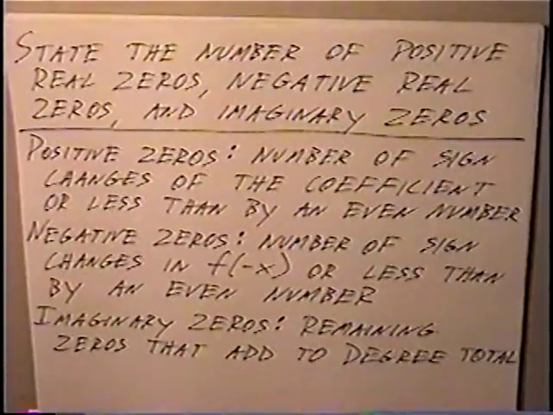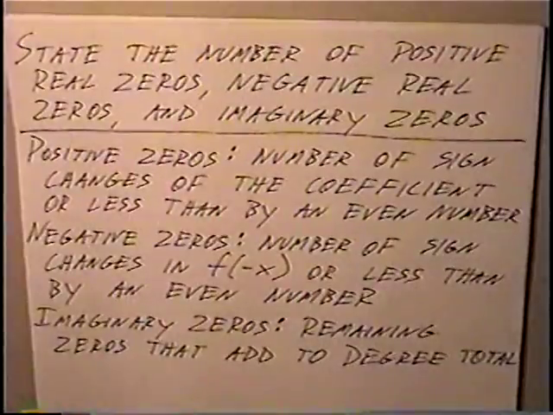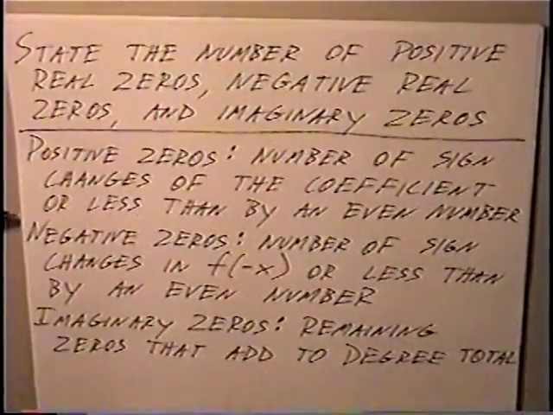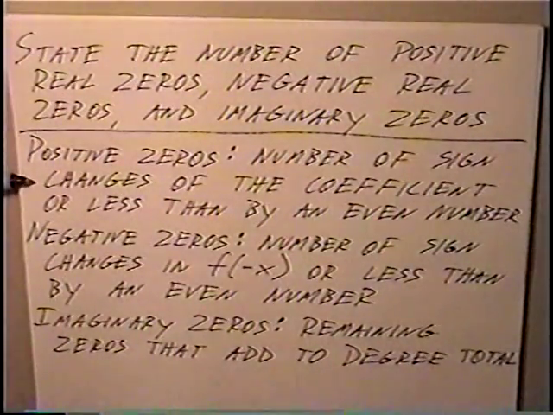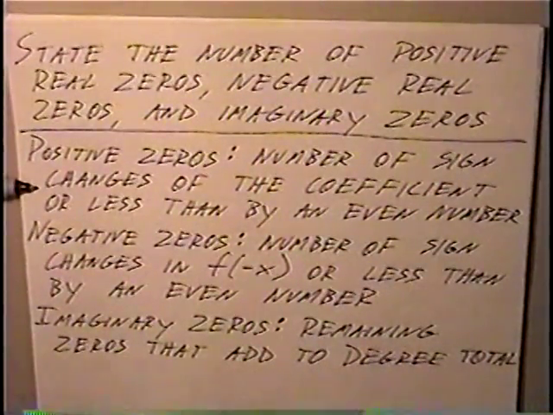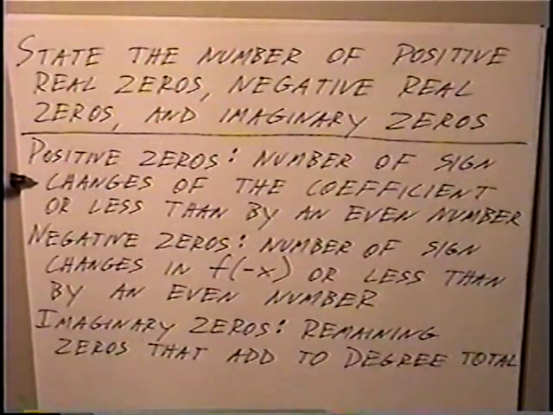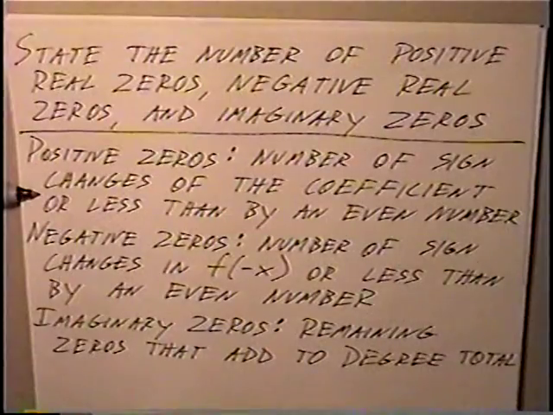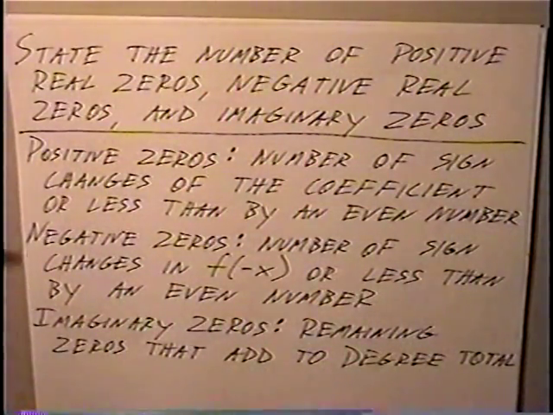State the number of positive real zeros, negative real zeros, and imaginary zeros. To do that, we can use three definitions for each one. Positive zeros is the number of sign changes of the coefficients, or less than by an even number. What that means is we'll count the sign changes of the coefficients, or less than by an even number, which means we'll take away 2 as many times as possible.